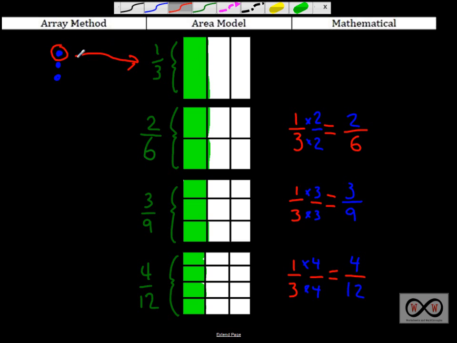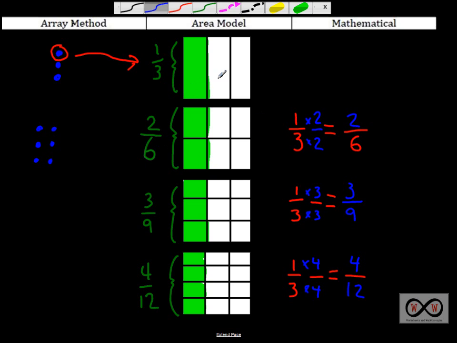Now we want to go ahead and create an array for 2/6. So I'm thinking, okay, 2/6. My denominator is 6, so my array will have a total of 6. And really this shows part of a set as well, because fractions can be applied to sets or groups, collections, as well as wholes.